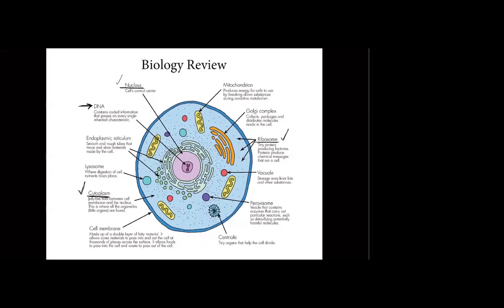And lastly, the ribosome is going to be those little dots that you see in the cell. In the ribosome, that's where we have the machinery inside of cells in order to make protein, okay? So let's get started understanding nucleic acids overall.